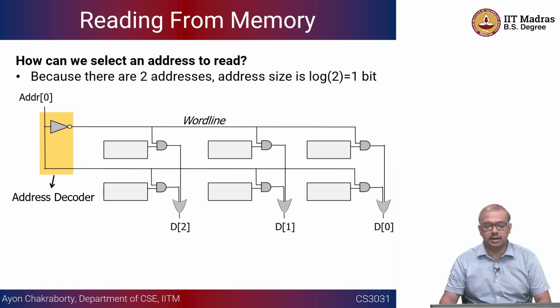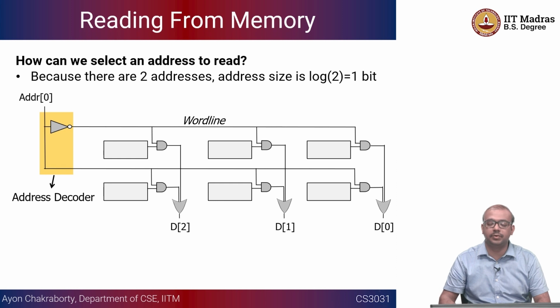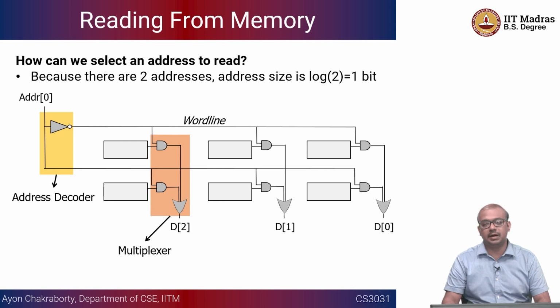It is very important in all these memory systems. We have to look up memory using this address decoder. So you issue an address, and the address decoder is going to tell you where in the memory I should go, which word or which row is going to be activated. That is done by the address decoder. The other thing that has to be done here is a multiplexer, because the outputs are coming from multiple D flip-flops.